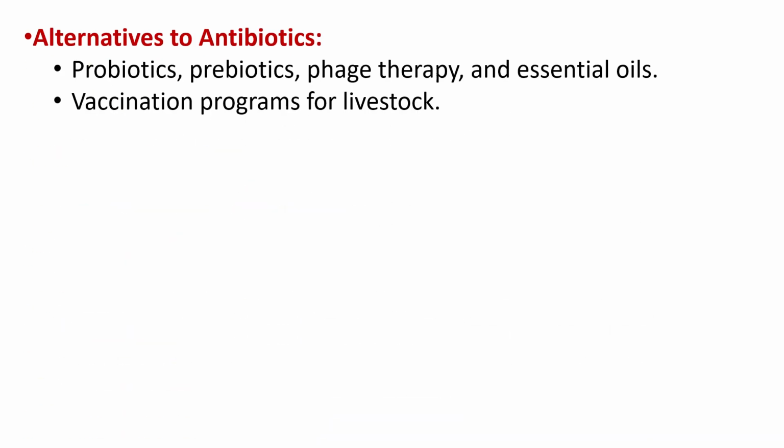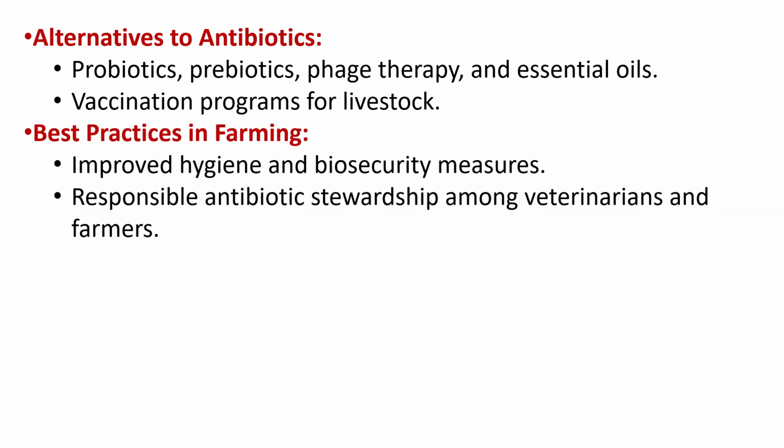Next, we look at alternatives. Probiotics, prebiotics, essential oils, phage therapy, and livestock vaccination programs can help reduce our dependency on antibiotics. Finally, best practices in farmland are crucial.